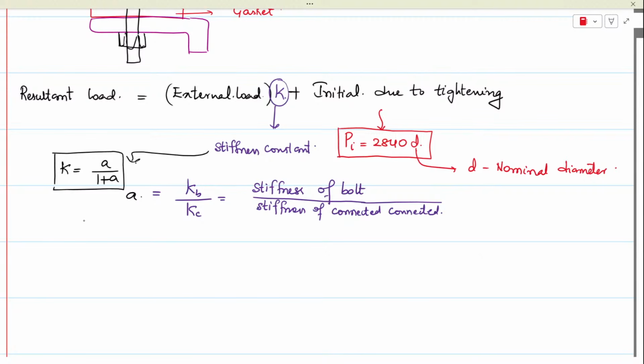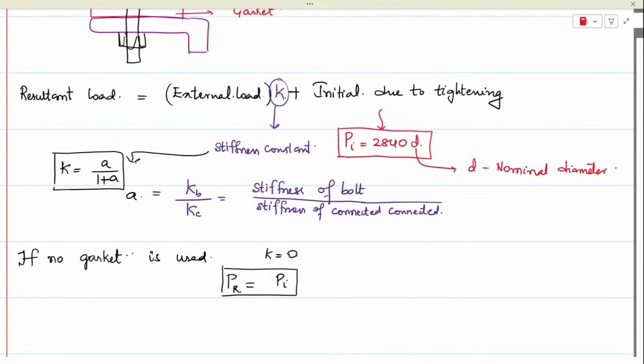If we are using metal to metal, if no gasket is used, then K will be equal to 0, and the resultant load PR is directly equal to PI.